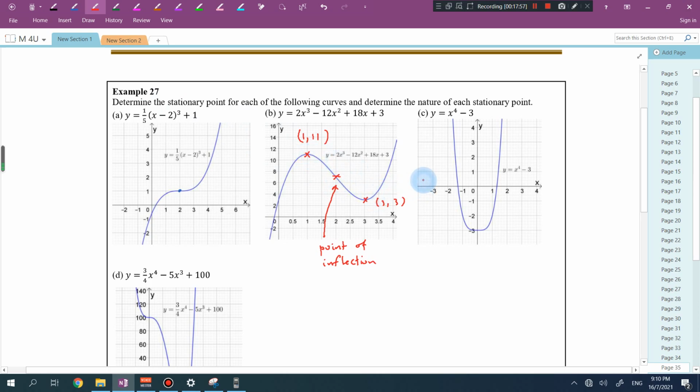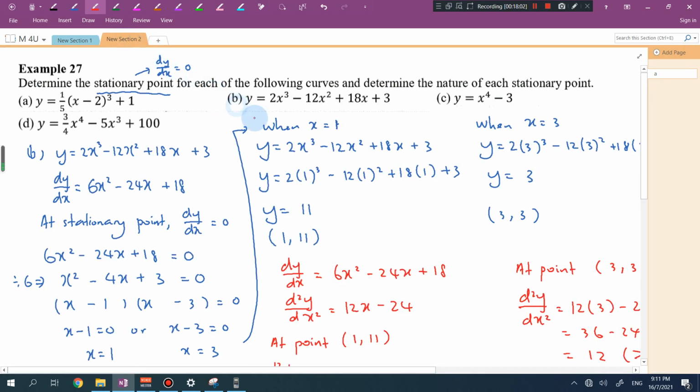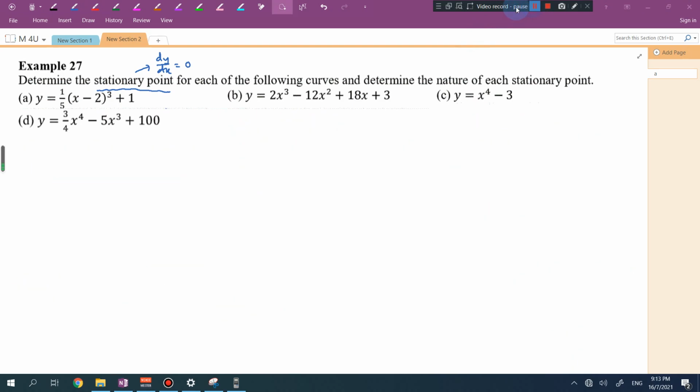Okay, now let's try part C. y is equal to x raised to the power of 4 minus 3. Find the gradient function first, dy/dx, which is 4x cubed.